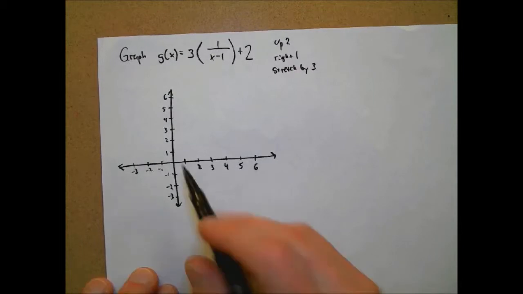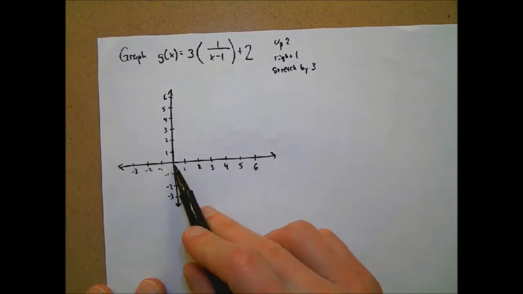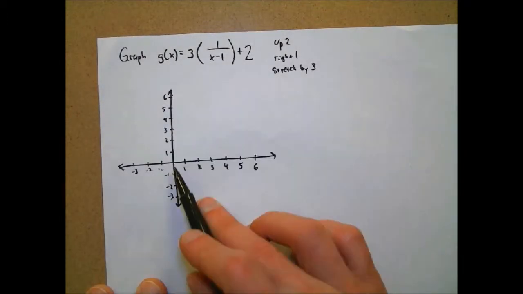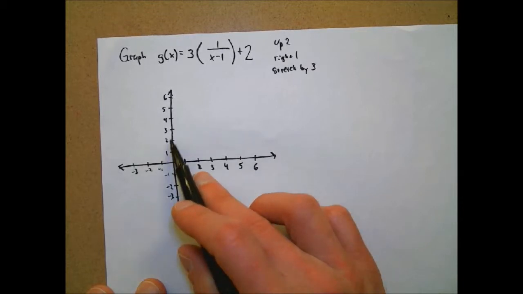So, I'll wait for you guys to finish there. Remember, we normally have our vertical and horizontal asymptotes. They normally crisscross through the origin, right? But we're going to shift that point up 2. So I'm going to count up 2, 1, 2, and right 1, 1.